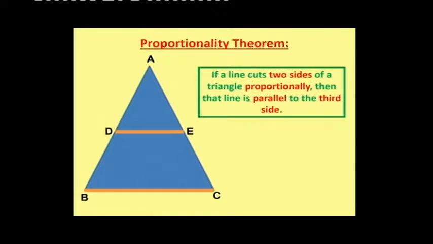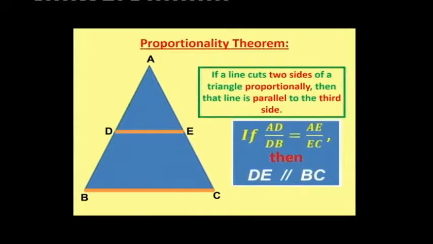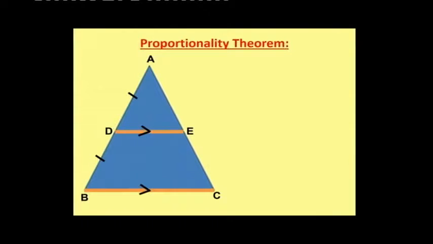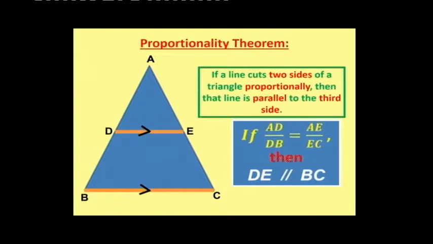If a line cuts two sides of a triangle proportionally, then the line is parallel to the third side. So what I'm saying, if they give you that AD is equal to DB and AE is equal to EC, what can you derive from that?